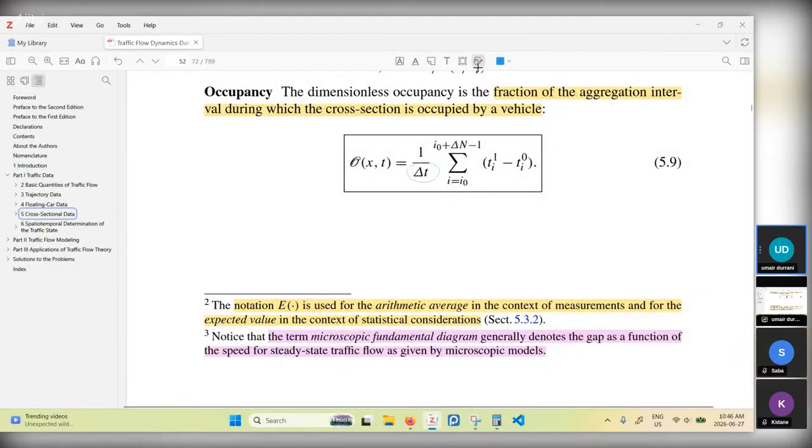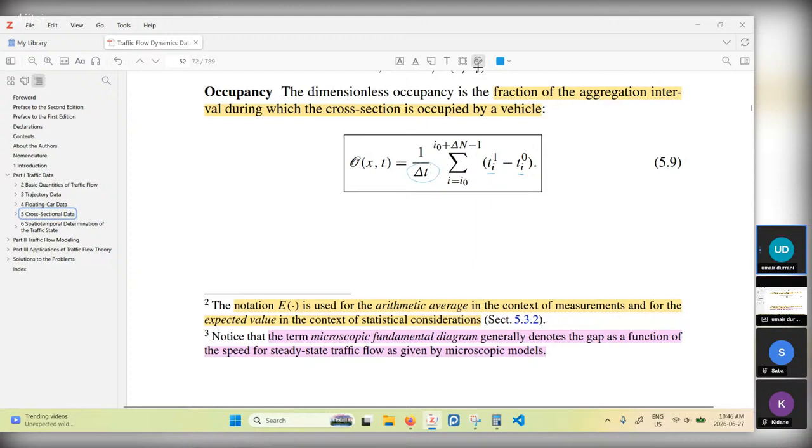For example, 60 seconds. So within that minute, we observe for vehicle i when it entered the loop and when it left the loop. Subtracting these times gives us the total time that the vehicle was observed by the detector.